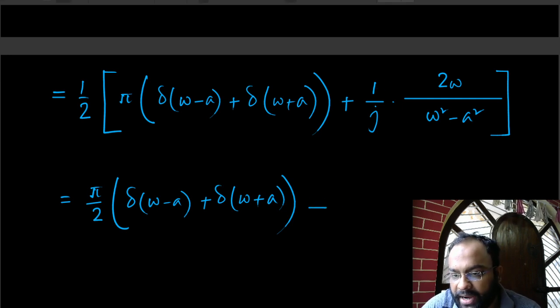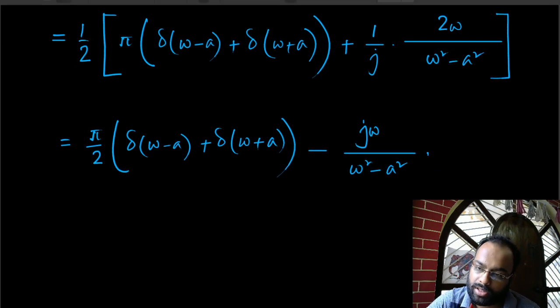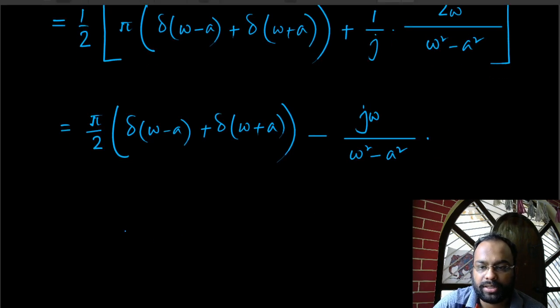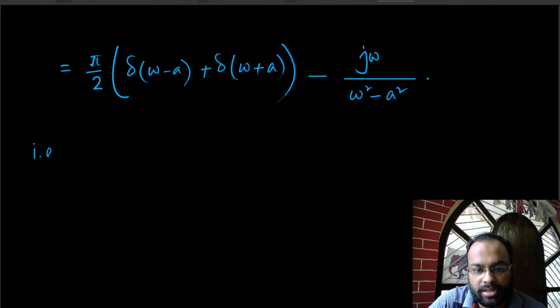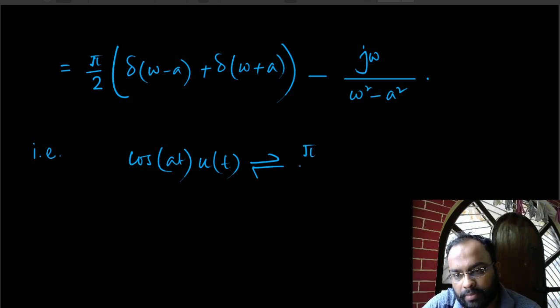So I have minus j omega by omega square minus a square. So that was the Fourier transform of cos at ut.